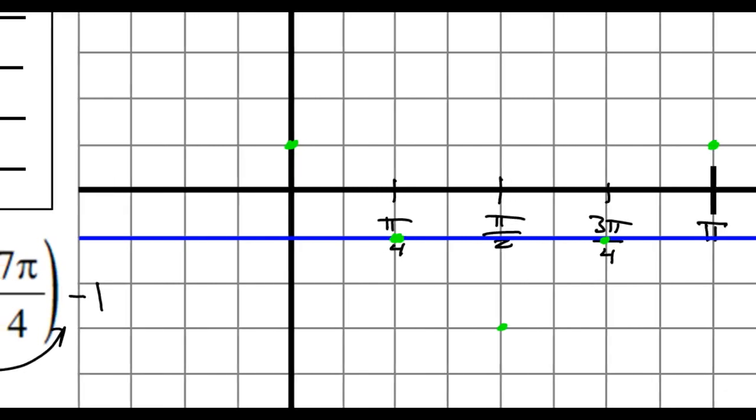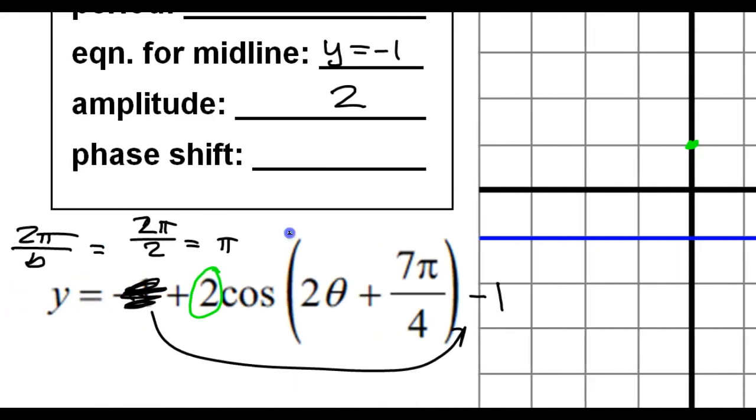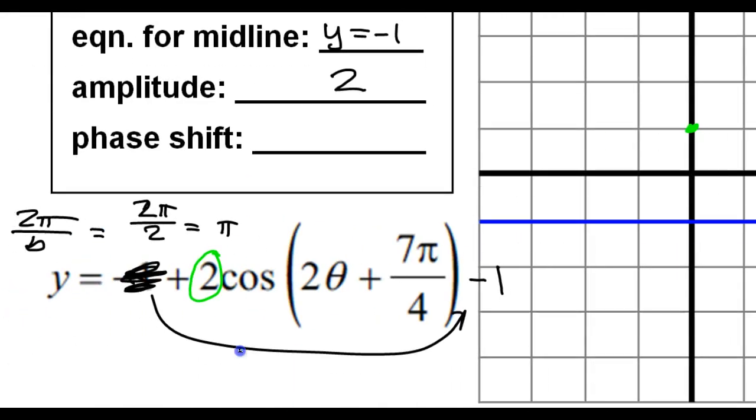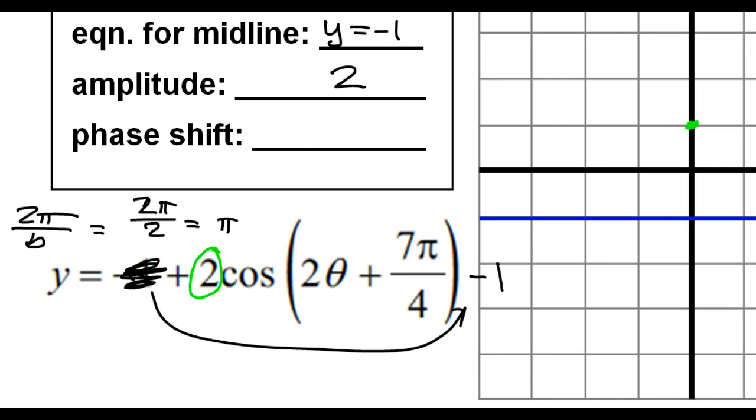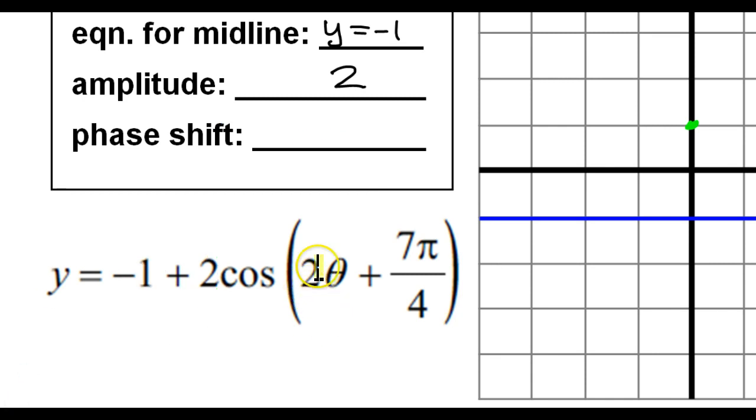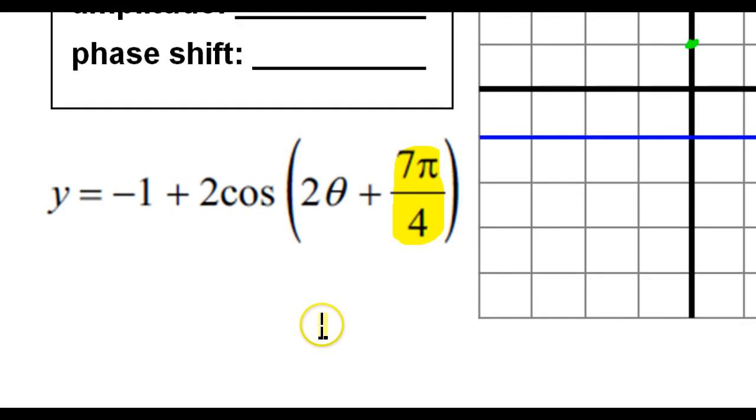So that's the hard part is now over. All we have to do is the phase shift, alright, either slide it to the left or to the right. Let's calculate. If there was no b value, this would be the phase shift. But when there is a b value, you have to divide.